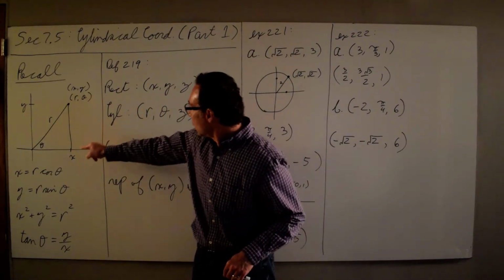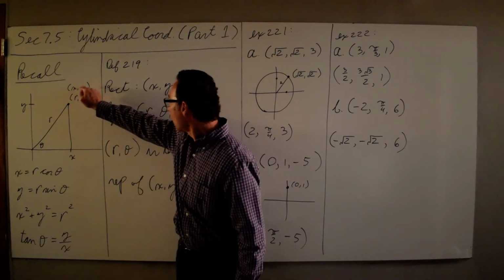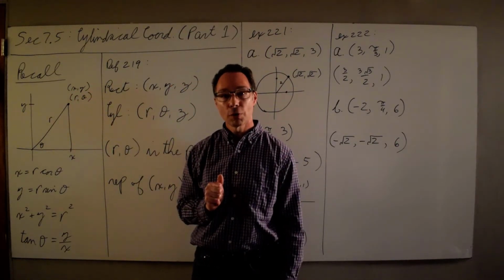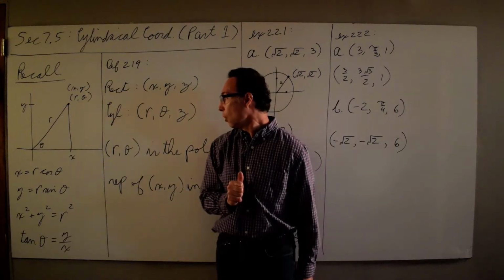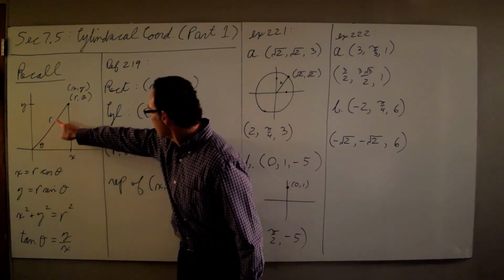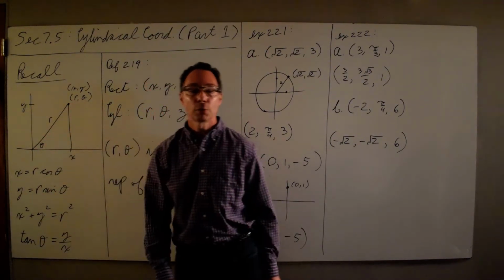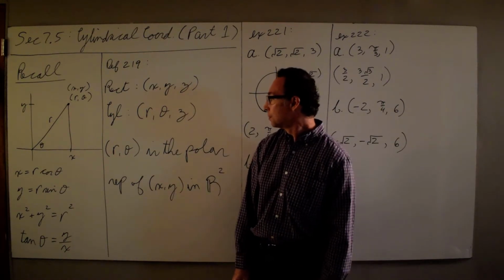So if you have your rectangular representation of a point in the xy plane, we call that (x, y). But we can also express that in terms of the polar coordinates (r, theta), where r is the distance from the origin and theta is the angle that that line segment makes with the positive x-axis.